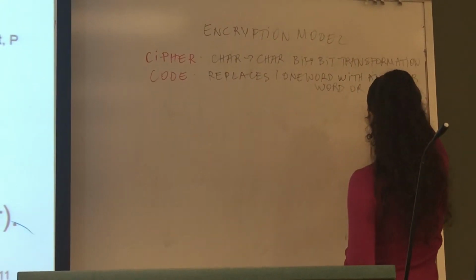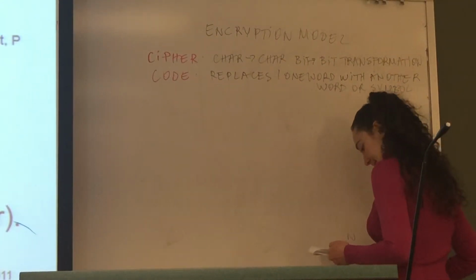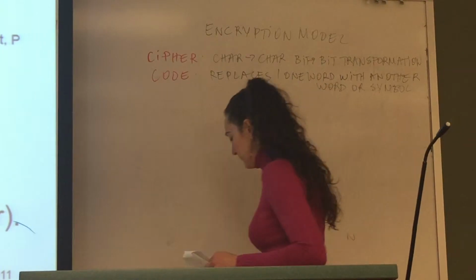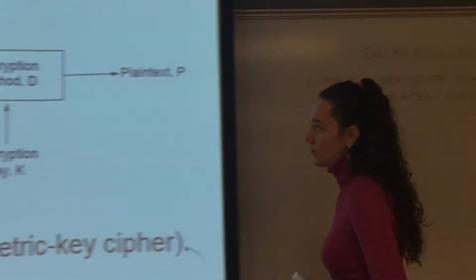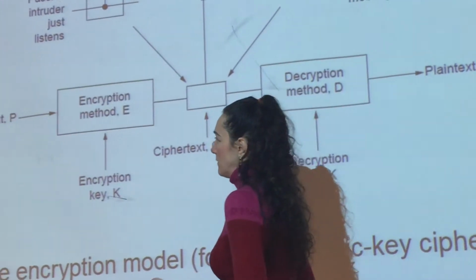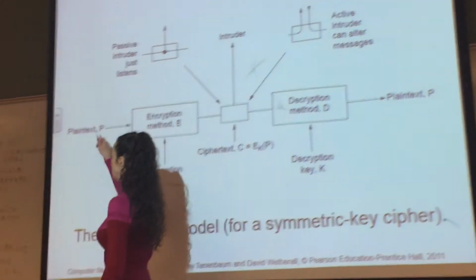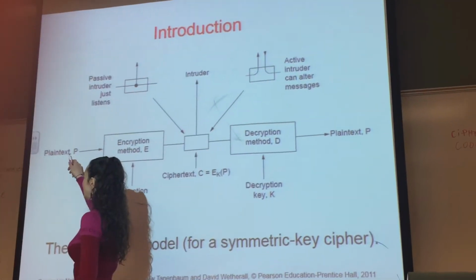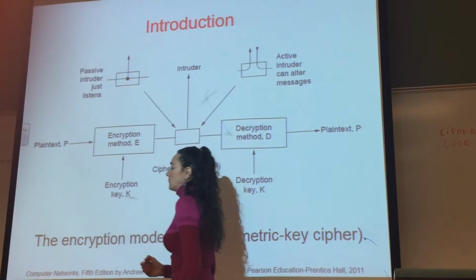Other things that we have: plain text is the message that we're trying to send. Let's say this is an email or some kind of text that we want to send through the network.